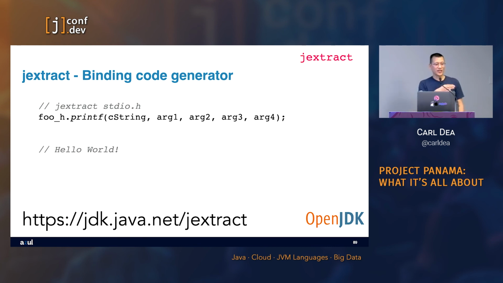And you could change the name spacing and such. So for the name spacing, you say foo_h dot, and then you want to call the printf. You could change that to whatever you want. But you're calling it just like it is in the native world, but it's in Java. So you created the C string and it outputs it.